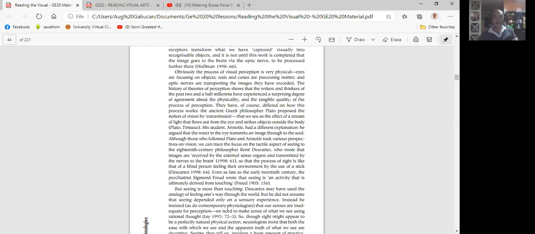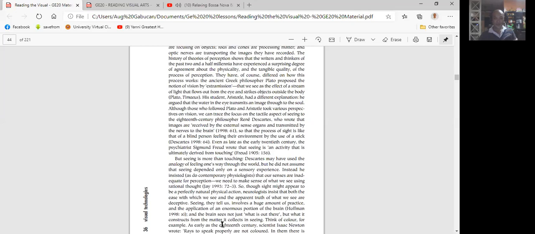But it's beyond that. Seeing did not depend only on sensory experience, but instead he insisted that our senses are inadequate for perception. We need to make sense of what we see using rational thought.